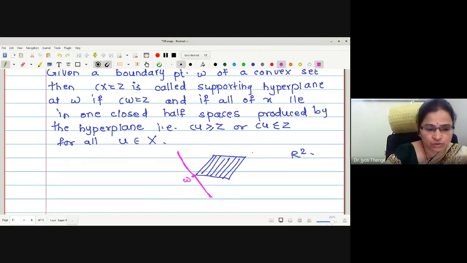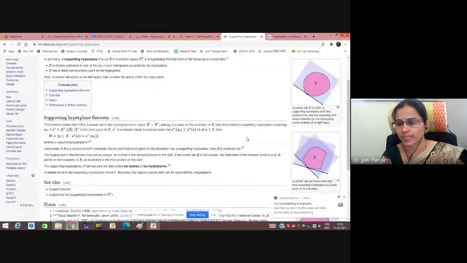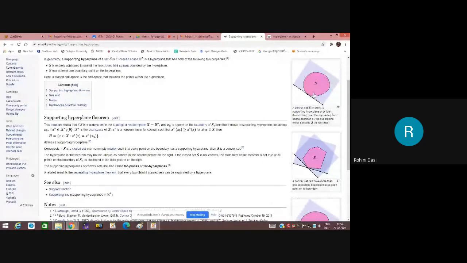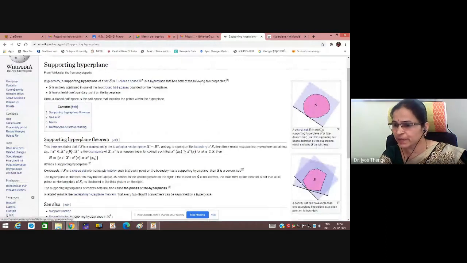Let me share the screen from Google so that one can understand very easily. Is the screen visible to everyone? Yes, ma'am. Check, here is given a convex set in pink, in R2 space, we were considering. This is a convex set.